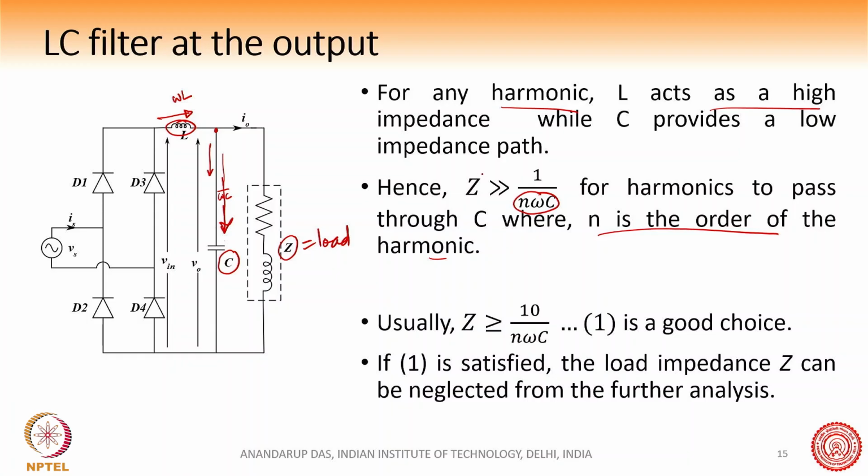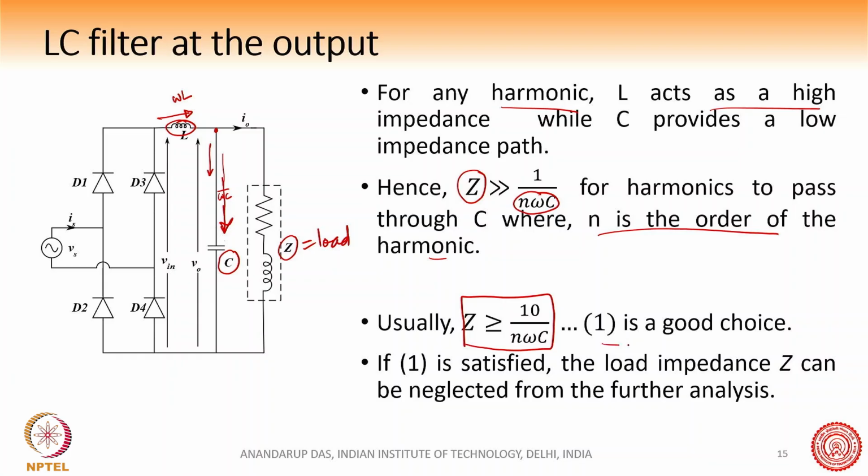So we want the load impedance Z to be much greater than the capacitive impedance, for all the harmonics to pass through the capacitor. This is what we want. So a good choice is that the load impedance Z is more than 10 times the impedance of the capacitor.